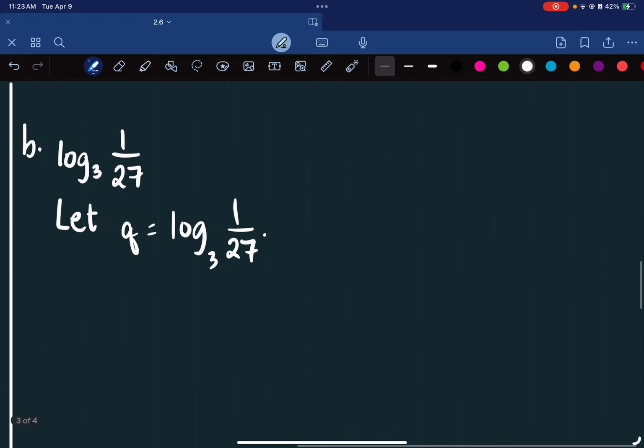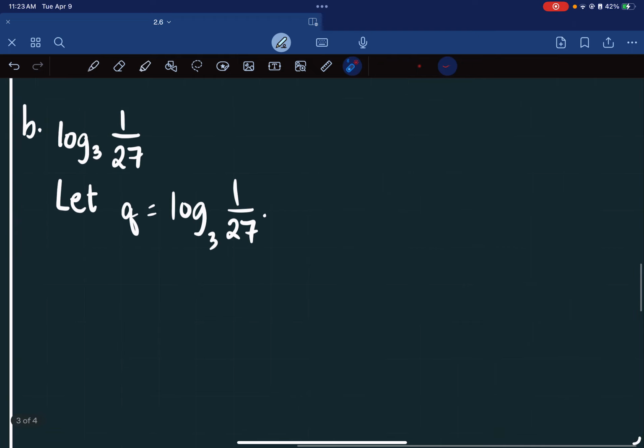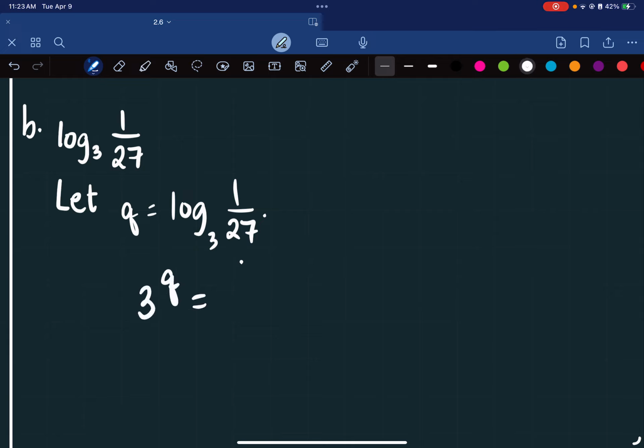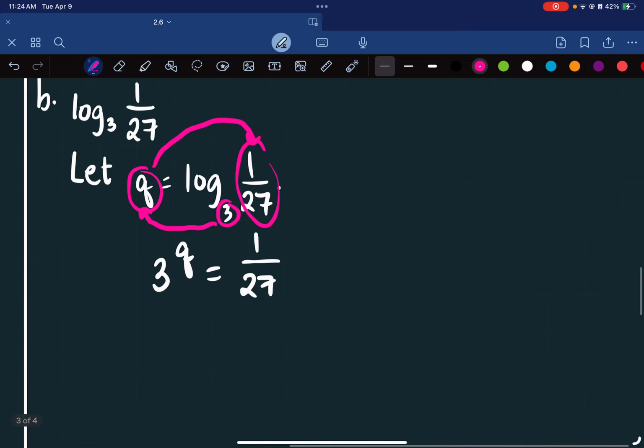Then converting this one into exponential form, this one goes to the base of the exponent, this one would be the exponent, and this one would be the number at the right hand side. So we have 3 raised to q equals 1 over 27.